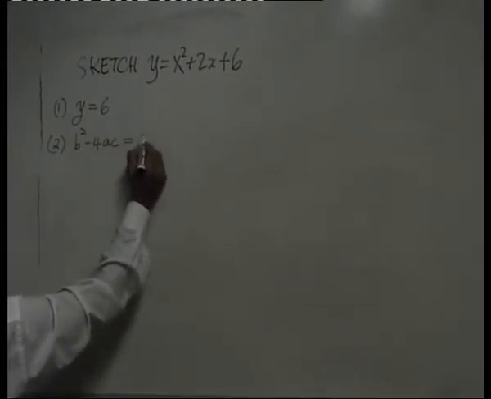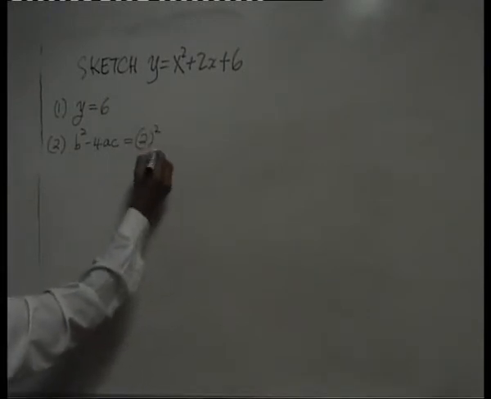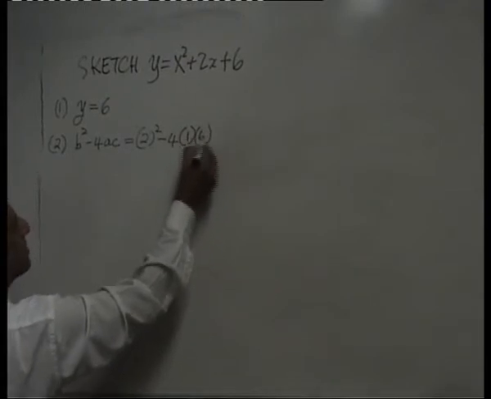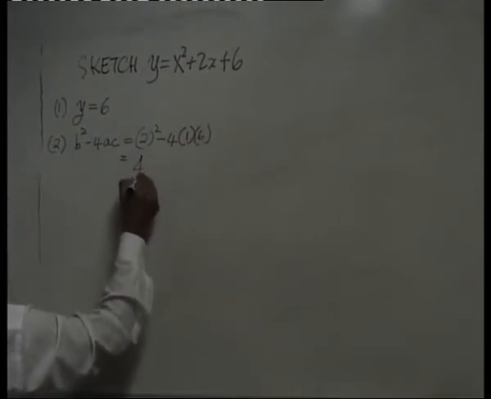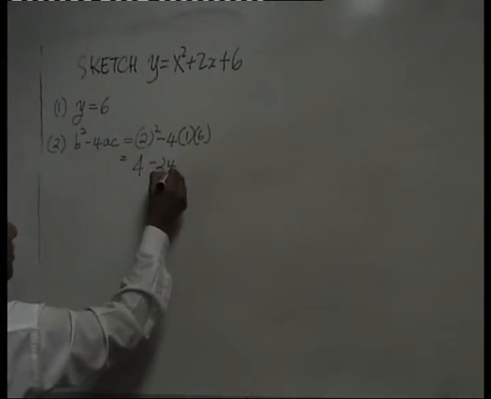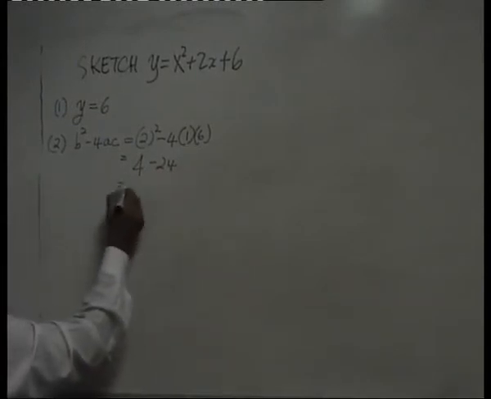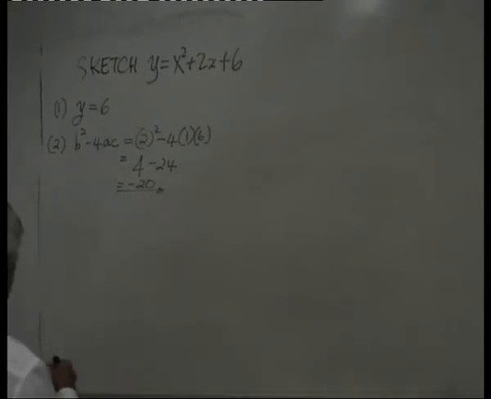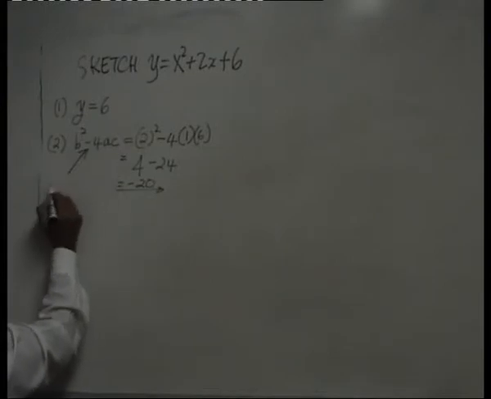You'll get 2 squared, b squared, minus 4 into a into c, and you get 4 minus 24, which is equal to minus 20. Now, b squared minus 4ac is given the name the discriminant.